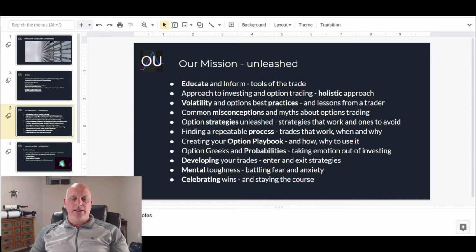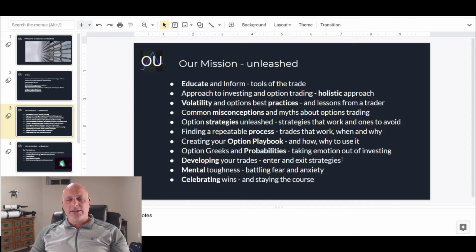And then that's where we come into developing your trades, your enter and exit strategies. Like I said, at that point you should have a good idea. Sometimes it takes me a day or two to think about different types of trades, and sometimes it takes me only a couple minutes. It depends really on the security, how well I know it, but also the volatility.